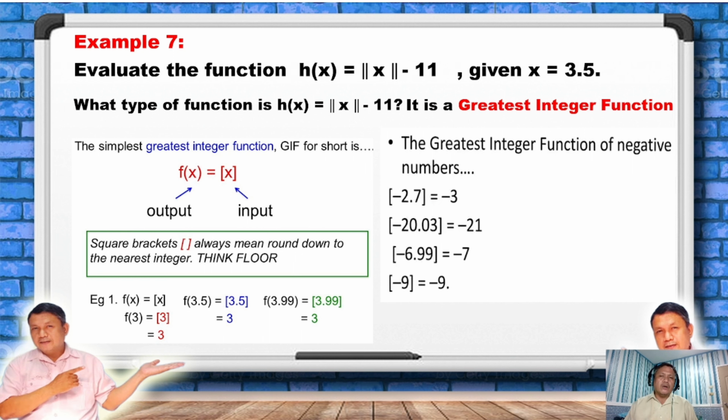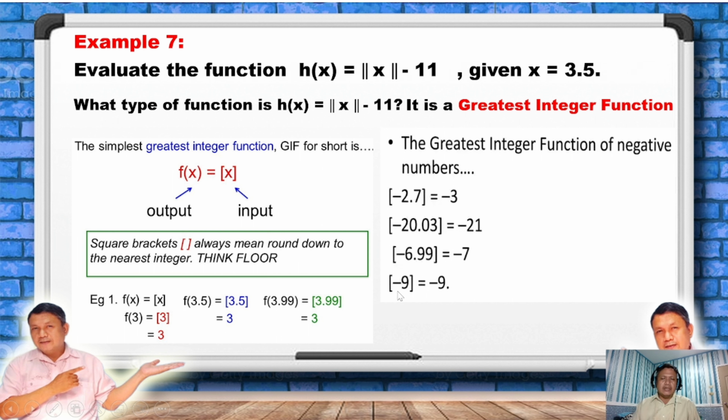Then we have negative 20.03. Okay, since it is greater than 20 pa rin, so negative 21 pa rin yan. How about negative 6.99? Eh, diba? Okay, magiging negative 9. And again, we have the greatest integer of negative 9 is we have also negative 9.